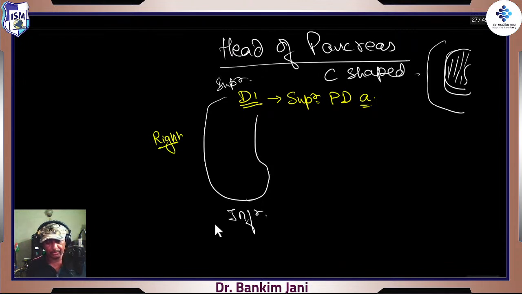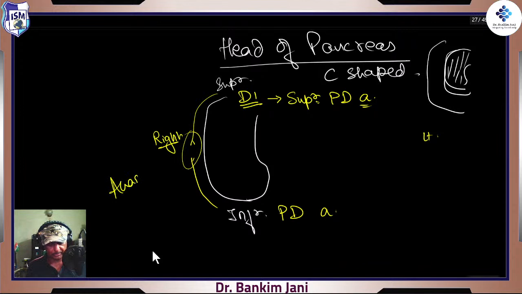Whenever we draw, this is right, this is left. From here, the superior pancreatico-duodenal would come, and from here the inferior pancreatico-duodenal artery would come. And over here, there would be anastomosis. Fine.